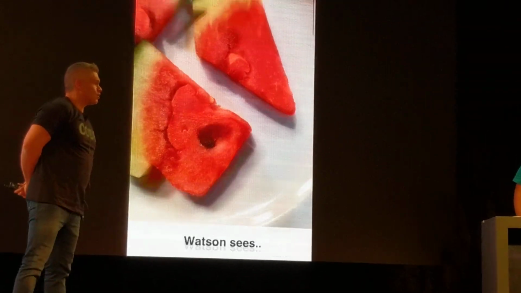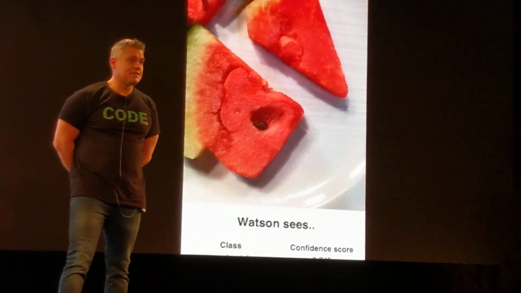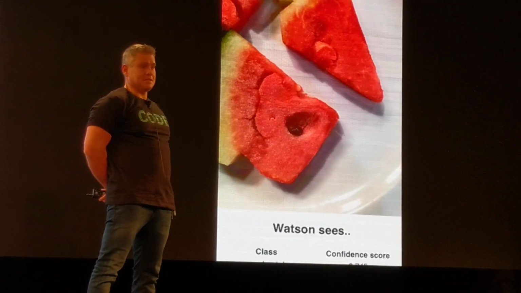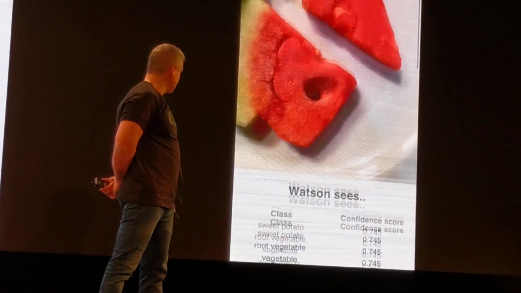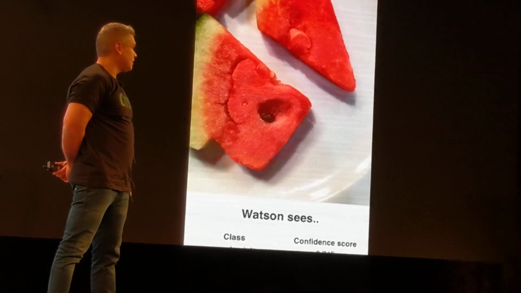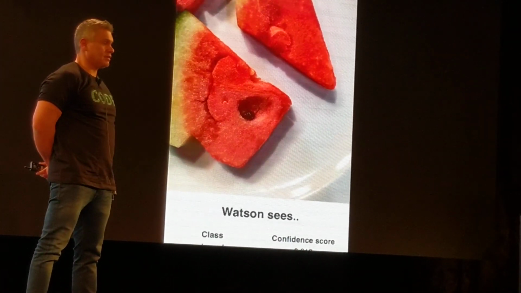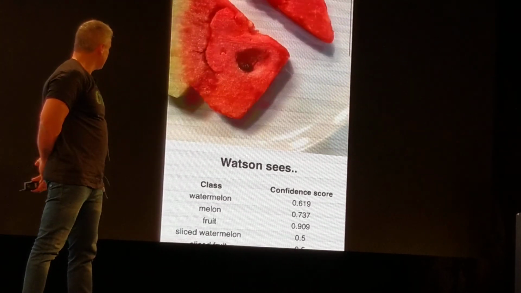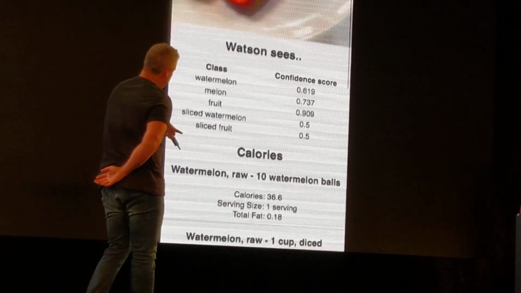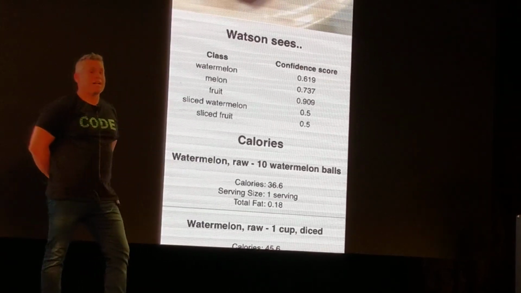While it's computing, this was funny because yesterday we said, let's make a demo. So we just downloaded the patterns and built the demo yesterday. It was pretty easy to do. And then we put it all together in about a couple of hours. Yes, so it has come back with watermelon at 61% confidence, and the calories associated with it is 36.